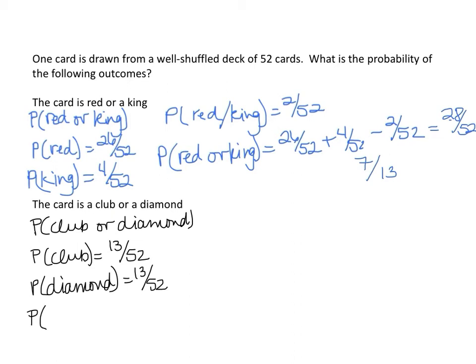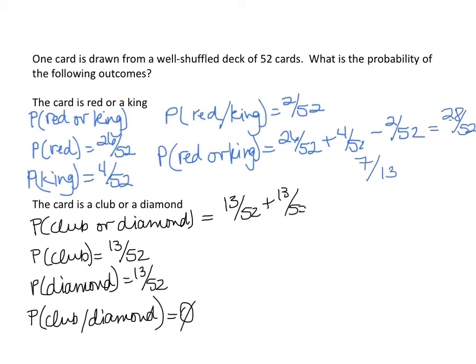Can you have a club that's also a diamond? You can't. So what we'll have to do is just add our 2 probabilities. 13 plus 13 gives us 26 fifty-seconds, which we reduce to a half. So you have a 50% chance of selecting a card that is either a club or a diamond.